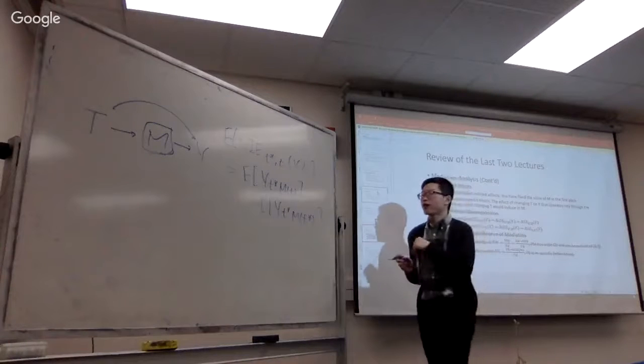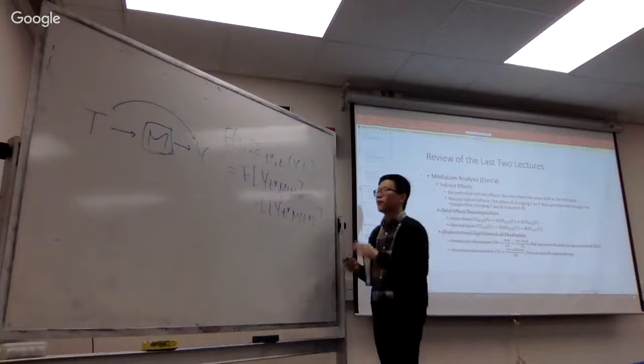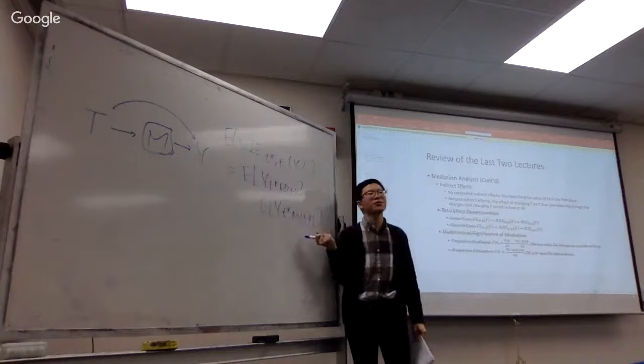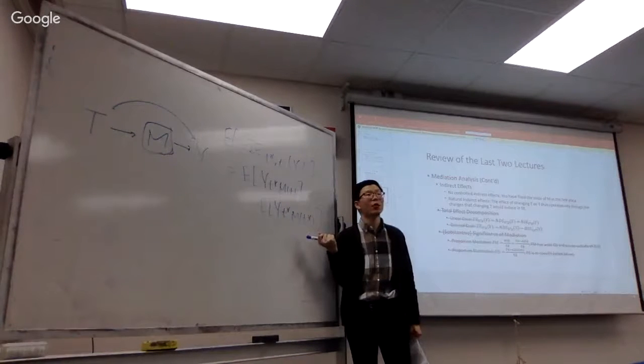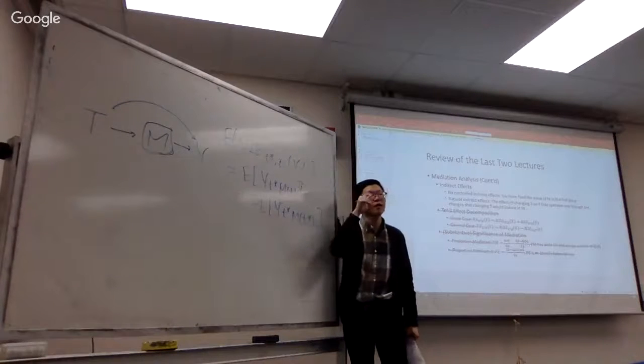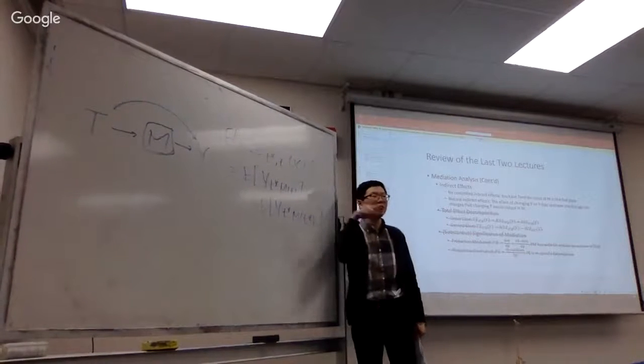So the natural indirect effect is that you are saying that t is t asterisk or t is 0. So you are saying that there is no difference in the level of t.